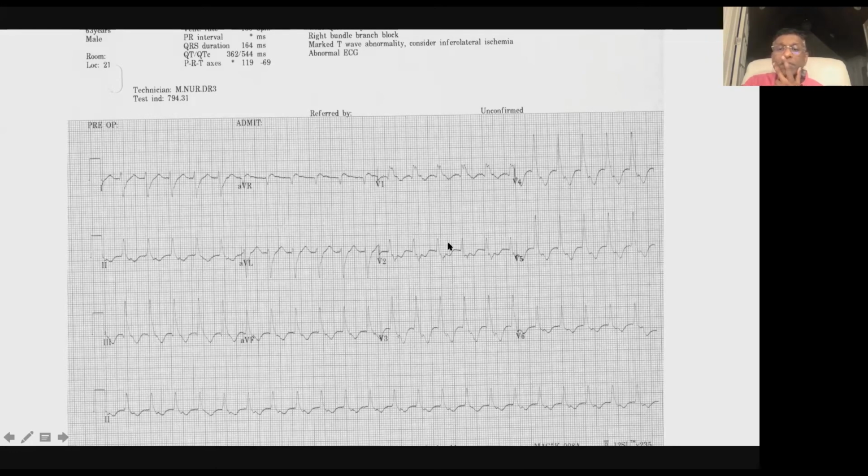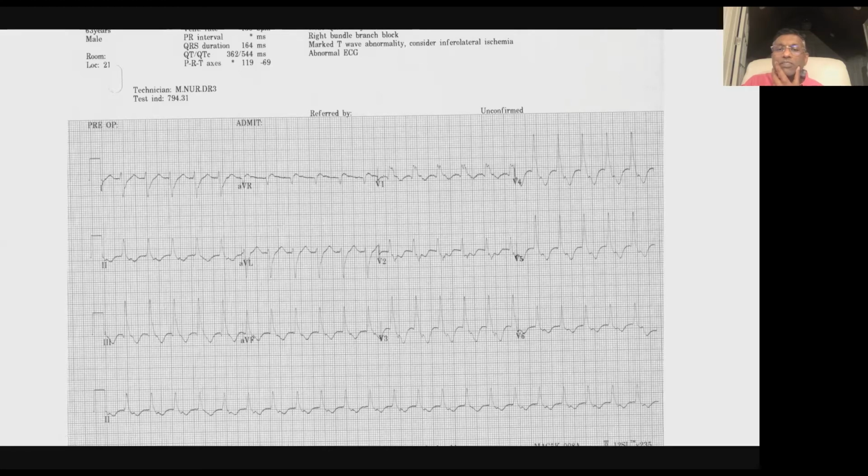But when you come here, you should start thinking, where does the QRS actually start and where does it end? If I were to magnify this a little, the QRS probably starts somewhere over here and ends somewhere over here.